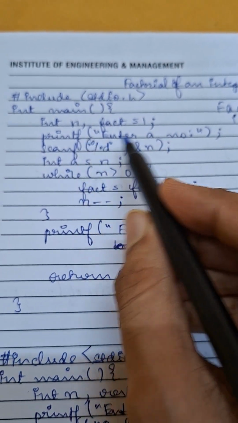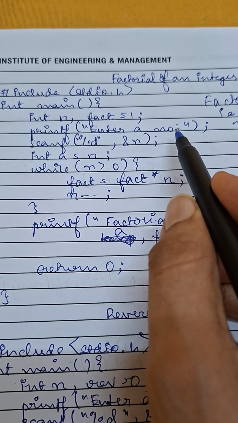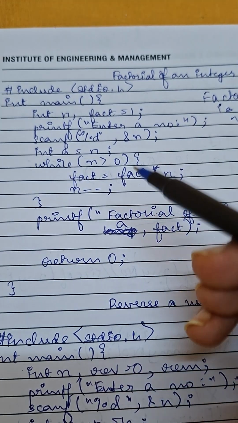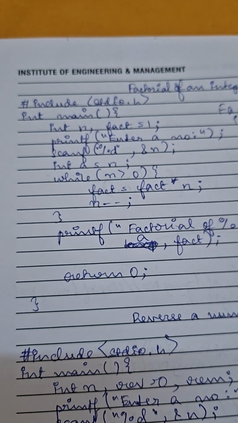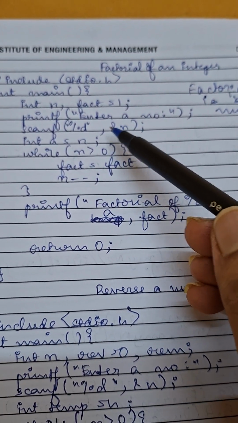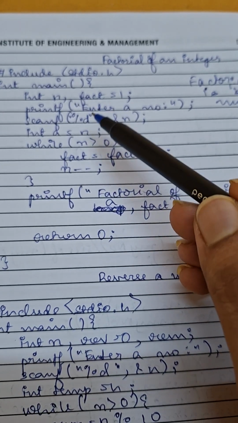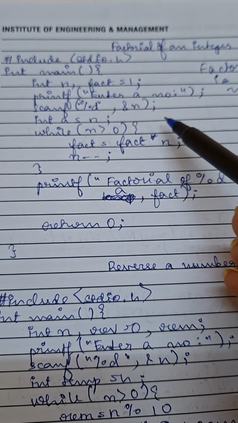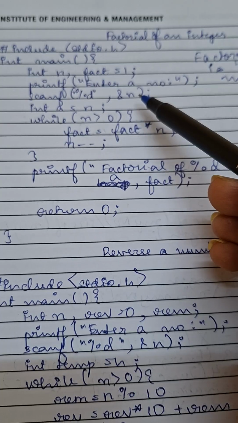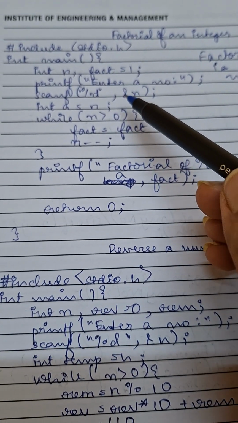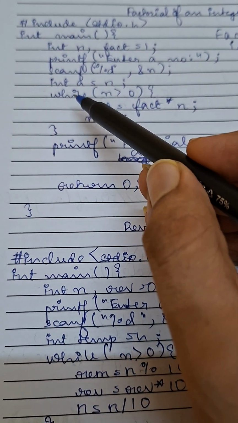Here we ask the user to input the number. For inputting, we as usual use the scanf function. Here the %d shows it is an integer and the & is for the memory location.